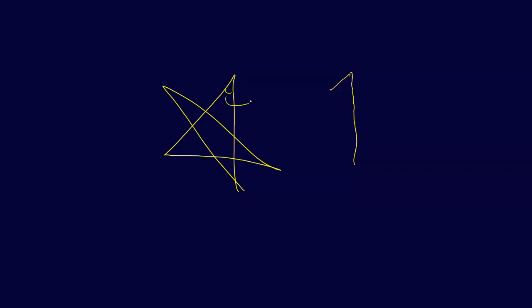And I will give you a hint. This angle is 36. Maybe you can find out yourself if you want. So what is the angle to turn? Maybe you can try to see why it is 36 here. But anyway, it's up to you.